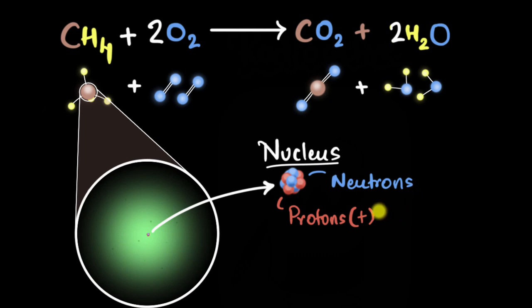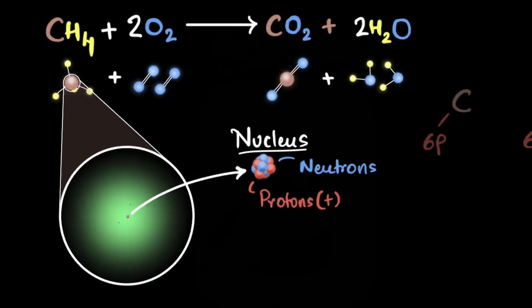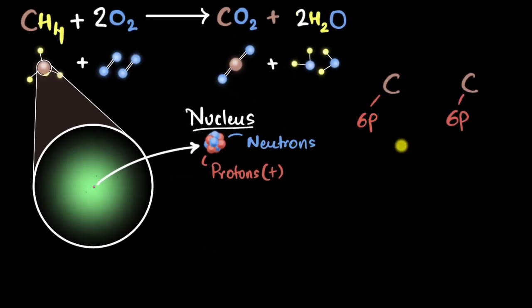Now, guess what? Turns out the identity of an element is defined by the number of protons. So, for example, anything that has 6 protons is carbon. Carbon is carbon because it has 6 protons. Similarly, anything that has 7 protons would be nitrogen, and so on and so forth. It's the number of protons that decides the identity.